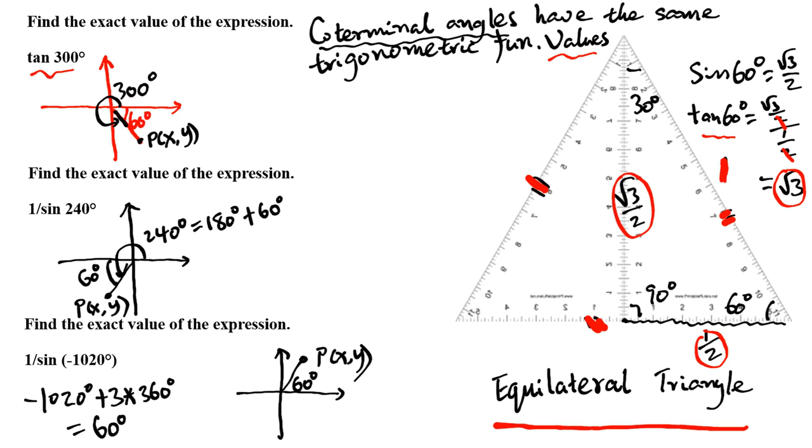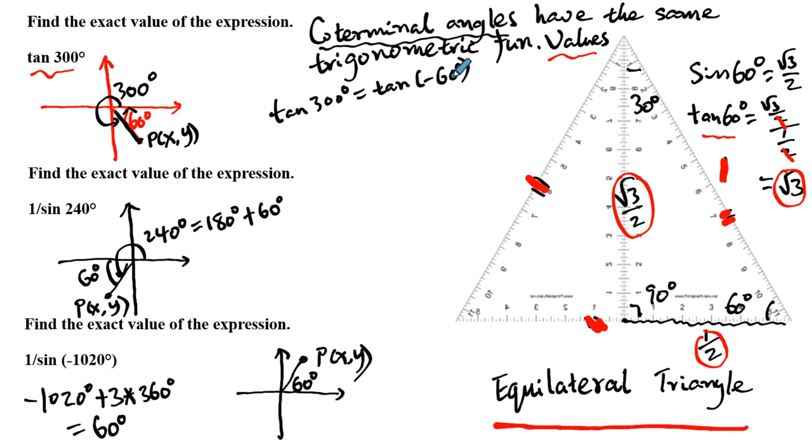The terminal side is this one, because you add 60 degrees more to get one circle, 360 degrees. So tangent 300 degrees equals tangent negative 60 degrees.